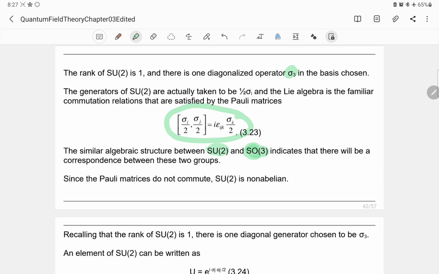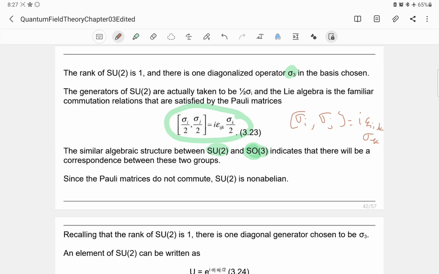So anyway, this holds true if you're just talking about SU2: sigma i, sigma j commutator equals 2i epsilon i j k sigma k. That is enough for SU2.